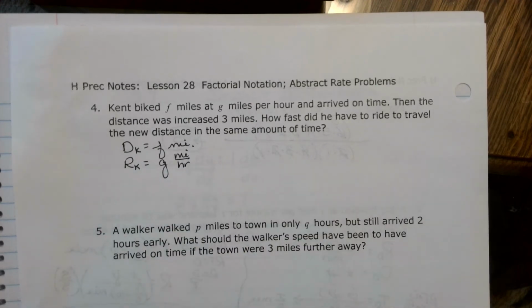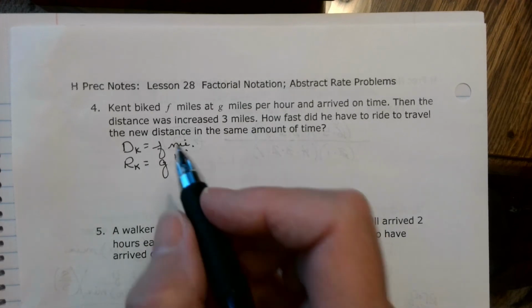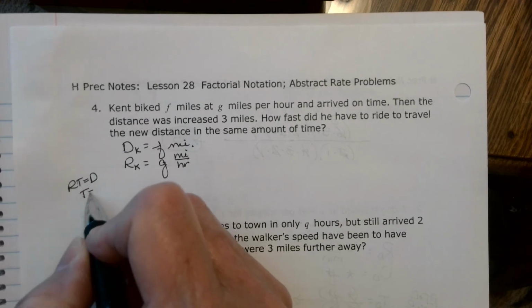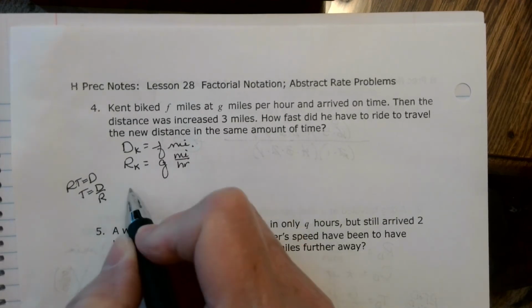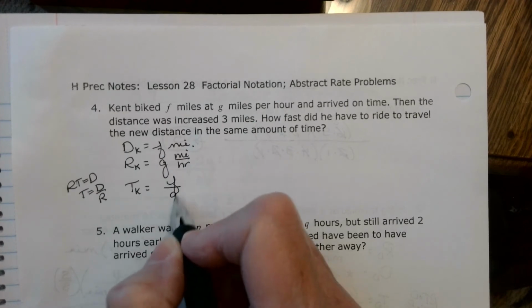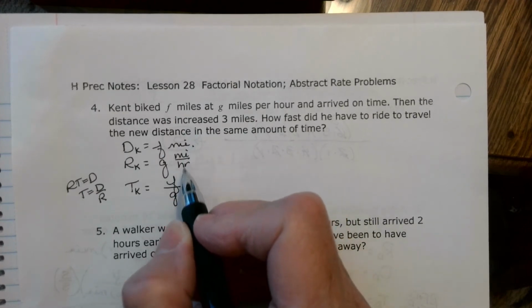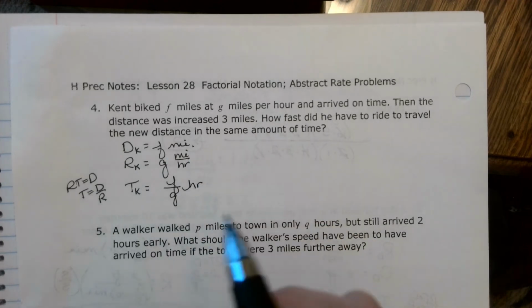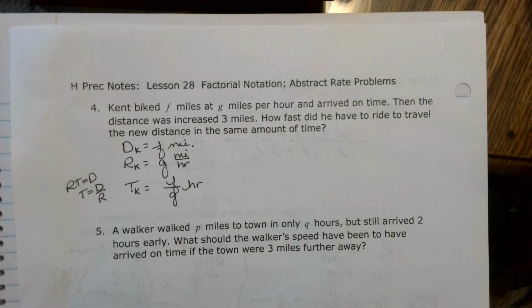And it says that he arrived on time. Well, I can figure out the time. I know that rate times time is distance. So time is distance over rate. So his time was distance divided by rate. And that's miles divided by miles per hour. So again, it's going to be the same unit as we had last time. So this does reduce to hours. Okay, so that's his time.